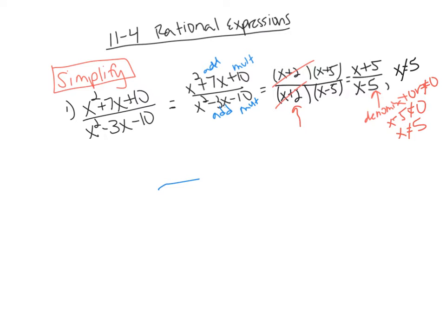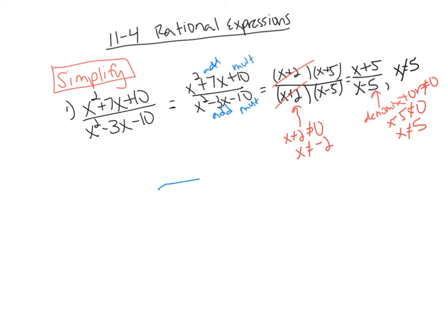So even this factor, x plus 2, cannot equal 0, which means that x cannot equal negative 2. If I plug this into my original denominator, negative 2 squared minus 3 times negative 2 minus 10, I'm going to get division by 0. That's not allowed in math. So we have to restrict that one as well.